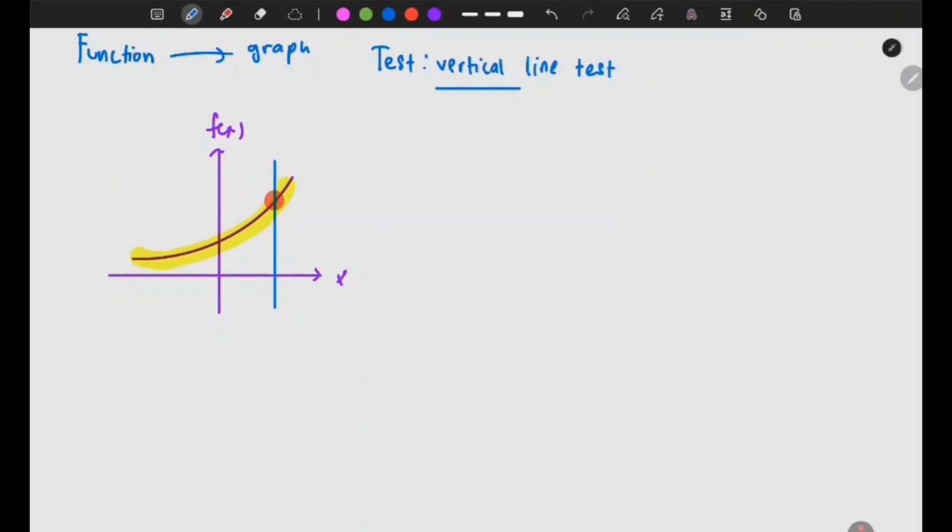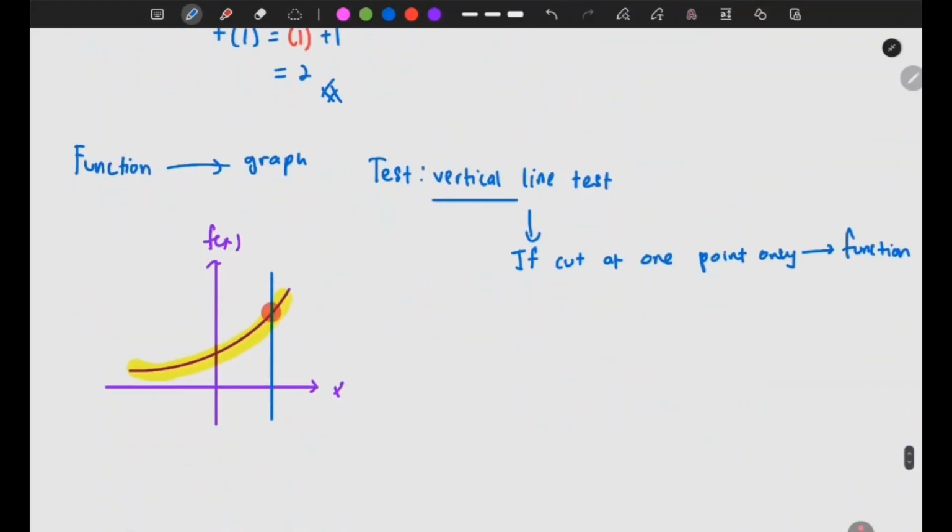And that vertical line, if it cuts at one point only, then it is a function. If it cuts at 2 points or more than that, it is not a function.